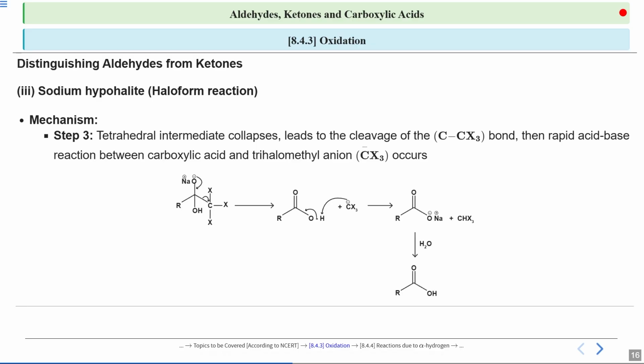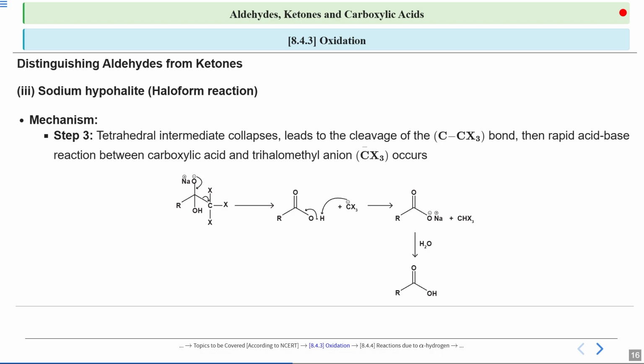Look at this reaction, it will be more clear, okay? So you get a tetrahedral intermediate. As I told you, first there will be cleavage of the CX3 bond, okay? So the negative charge on oxygen comes down and this group leaves. So there is a cleavage of the C–C bond, okay?